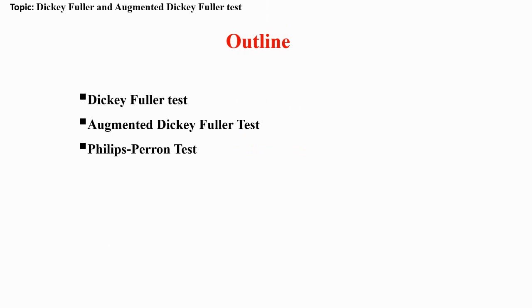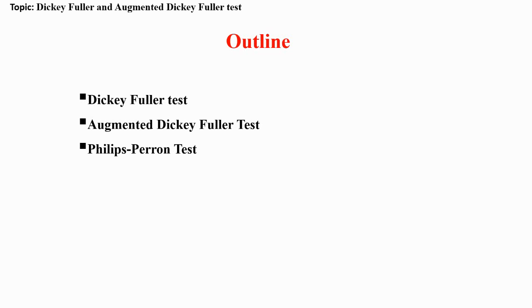So in today's lecture, we are focusing on testing for stationarity and unit root. For that purpose, there are many tests, but we will cover three tests in this course. The first one is the Dickey-Fuller test.